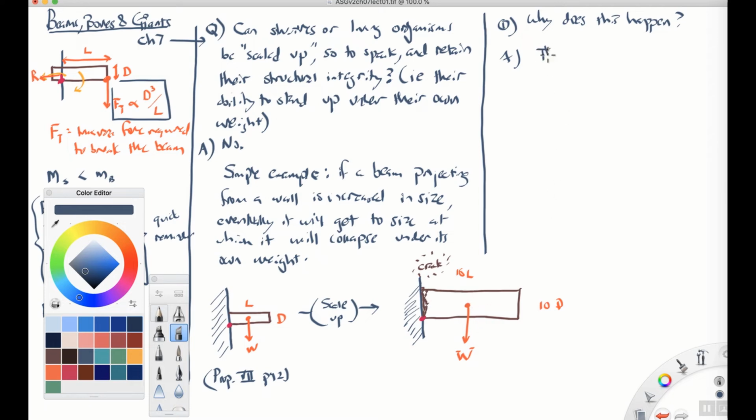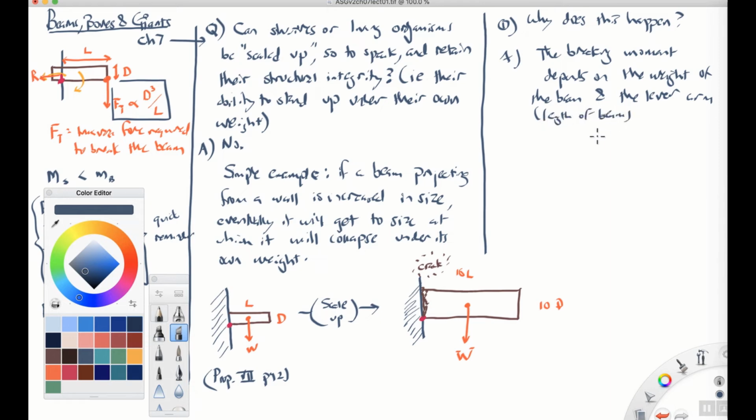So the braking moment that we had talked about before depends on both the weight of the beam and the lever arm, which is related to the length of the beam.